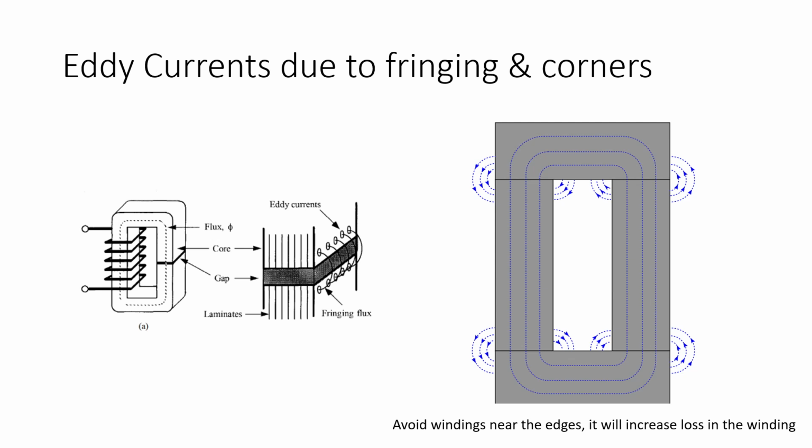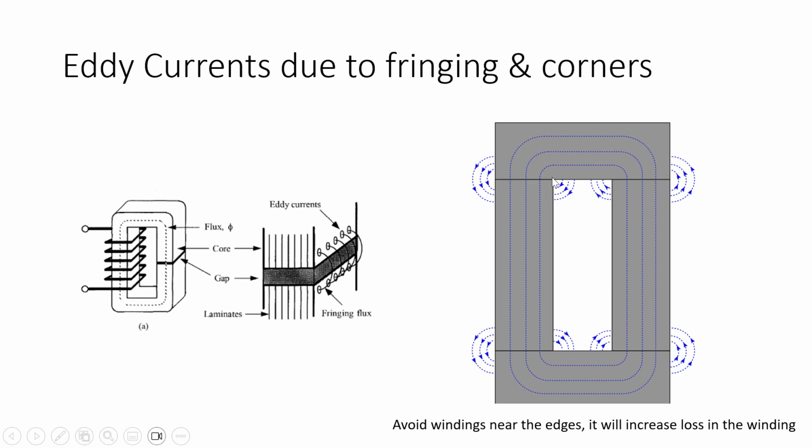Now this is another slide which I already have shown. Here is another point: when we are winding the wires, we have to keep away from these edges, because this flux will also induce eddy currents in the windings, and the windings will become hot due to the eddy currents. It can also be seen here that these edges are causing eddy currents at this point, because the flux is entering at a right angle to the laminations, which are usually in this direction.